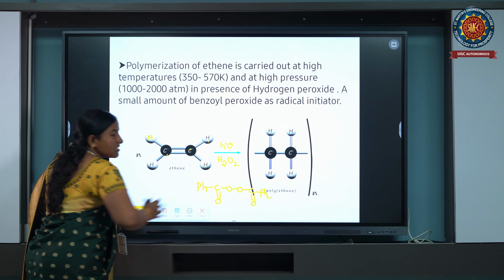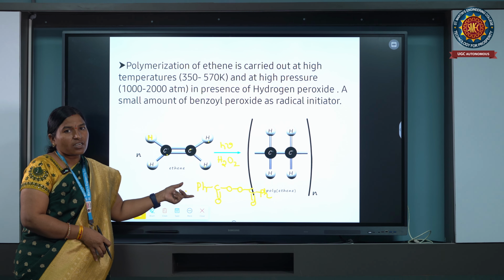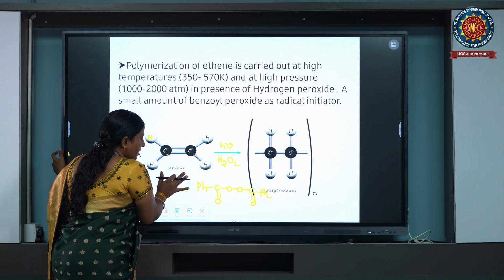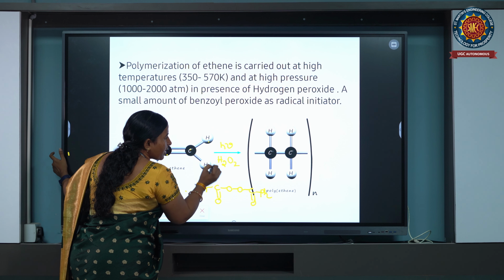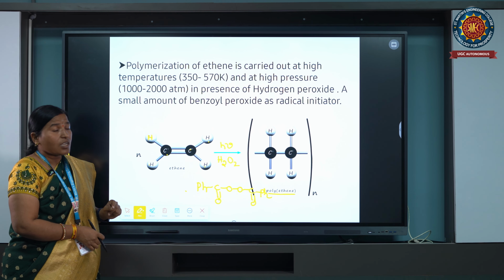This is one of the catalysts, and its name is benzoyl peroxide. Now in the presence of sunlight, ethylene undergoes polymerization and forms polythene.